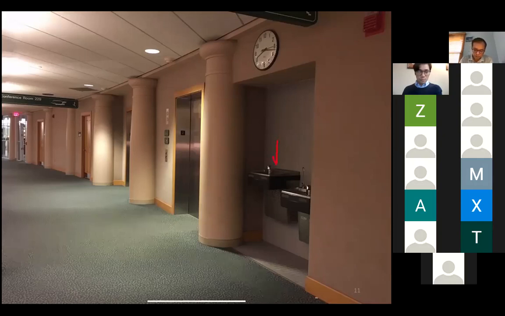This water fountain, I don't know what it has inside, but if you look at the magnetic field, if you're coming from here, your magnetic field will be like that, but near the water fountain it will be like this, and then again once you walk past it, it will be like that. This is your magnetic fluctuation. Humans won't feel it, but the phone's magnetometer would see this pattern. And it's a repeatable, stable pattern.